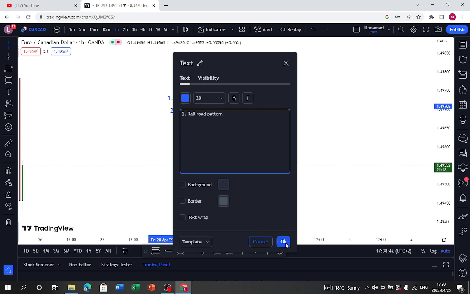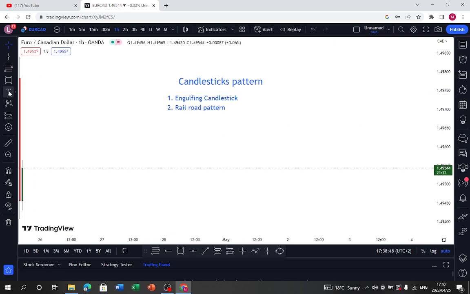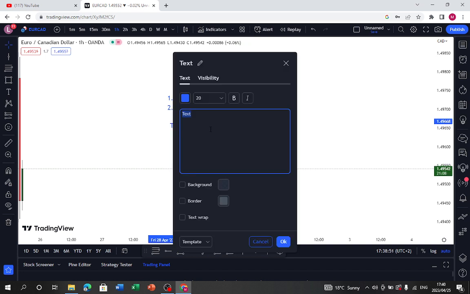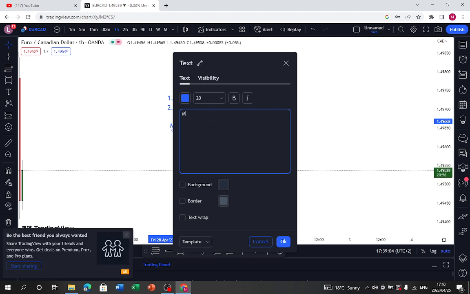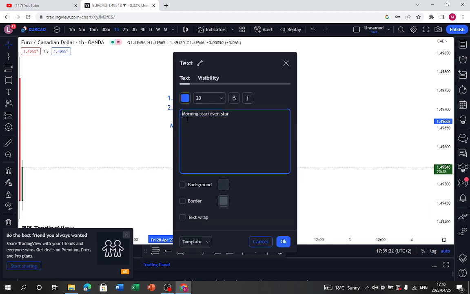After the railroad pattern, we're gonna talk about the morning star or evening star, right? That's gonna be number 3.